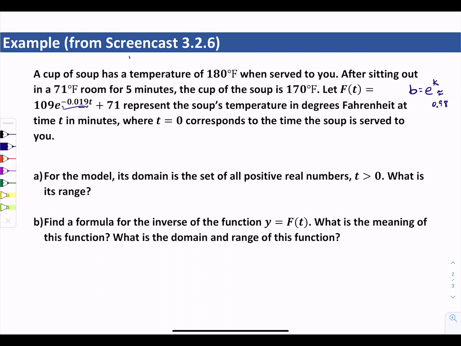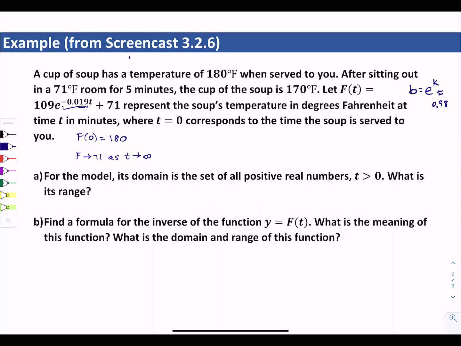And first we're going to think about, for this particular model that's given to us, we know the domain is the set of positive real numbers, t greater than 0. And what is the range of this function f of t? So we could think about this two ways. We know in the context of the problem that the initial temperature is 180, and we know that the function f is going to tend towards 71 degrees as time increases without bound.